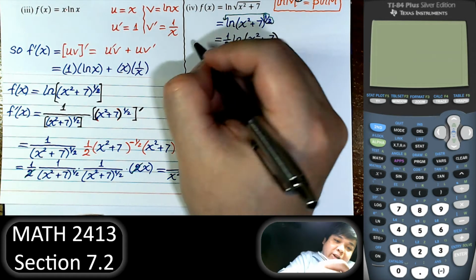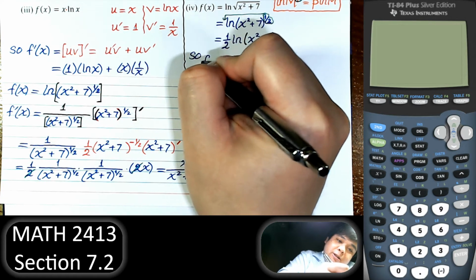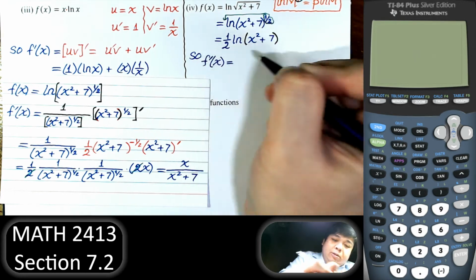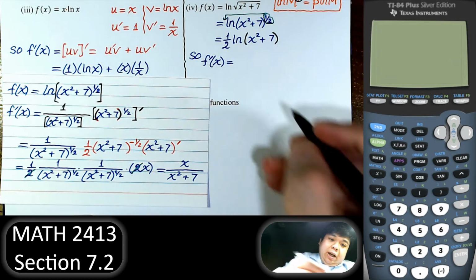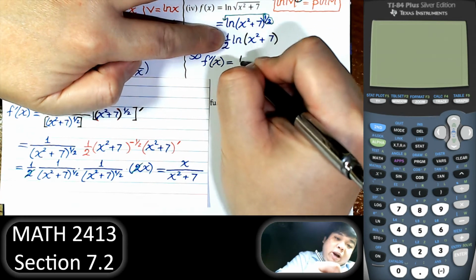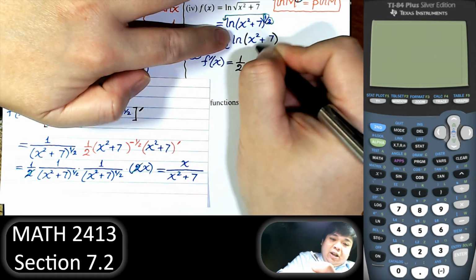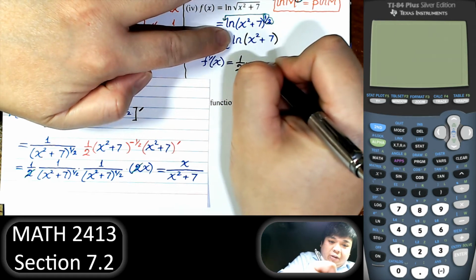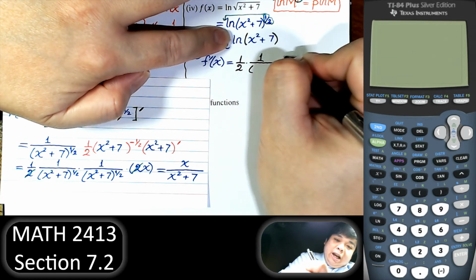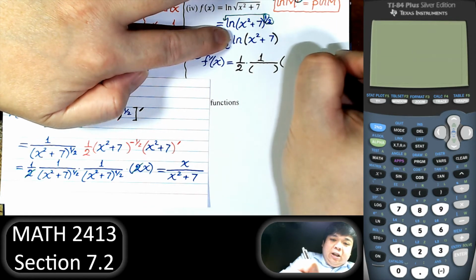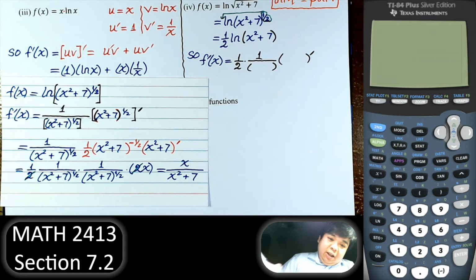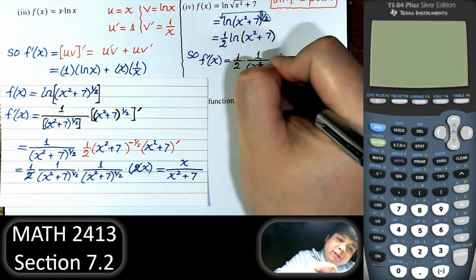Now we can take the derivative. The derivative of ln, of course, is the reciprocal function. We still have 1/2 regardless. The derivative of ln is 1 over that, and then the chain rule says multiply by the derivative of the argument of the log, so I have x squared plus 7.